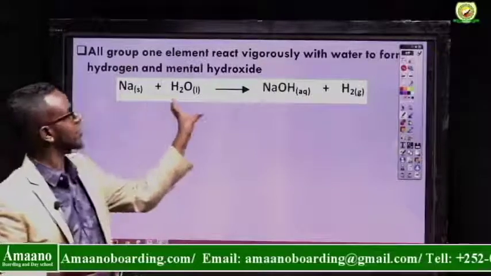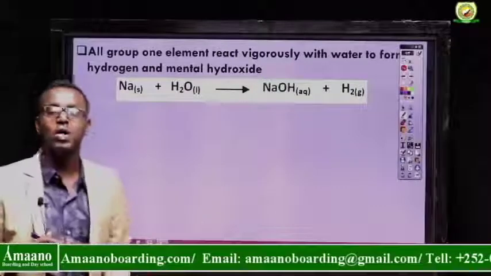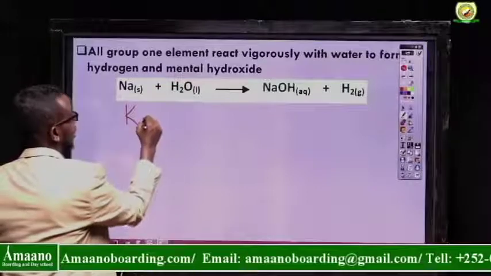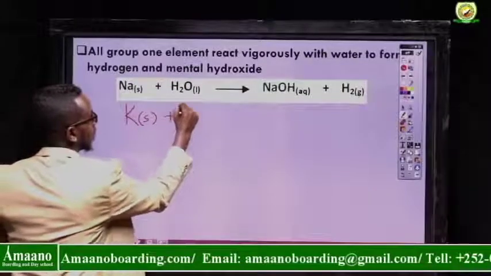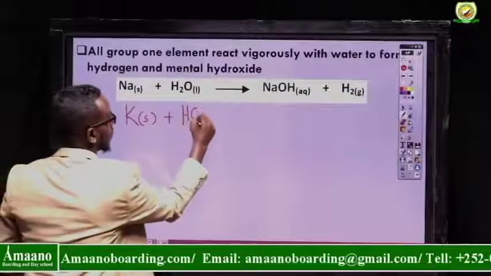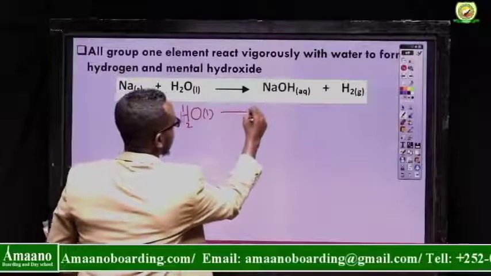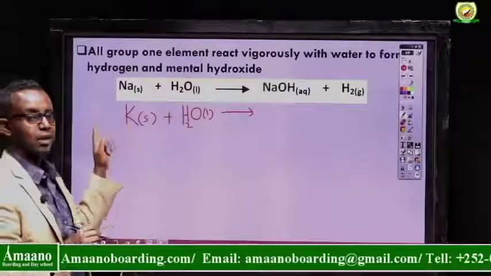So this is the general equation of group 1 elements. What if I want to write potassium? You can write here potassium, K, which is solid state. If you want to add water, which is liquid state, then it produces what? It's the same principle. You can only change the metal itself.